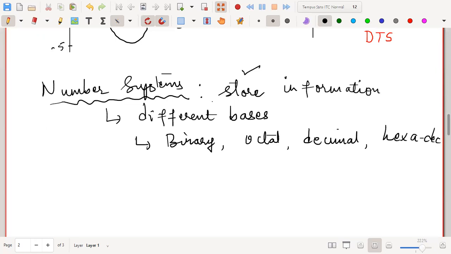Suppose, let me put it the other way: whenever we type some letters or words in a computer, the data is processed by the computer in the form of only zeros and ones.